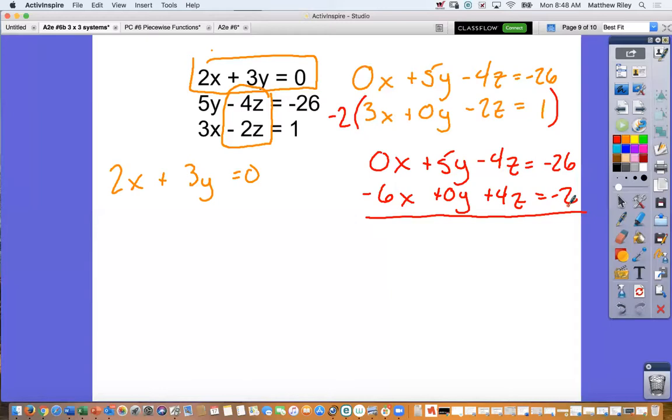So again, I could have chosen any variable to eliminate, but the z's just happened to be the easiest because I only had to do one multiplication. The x's and the y's would have been just fine. So once I do that and I have opposites, add them up, and those will cancel.